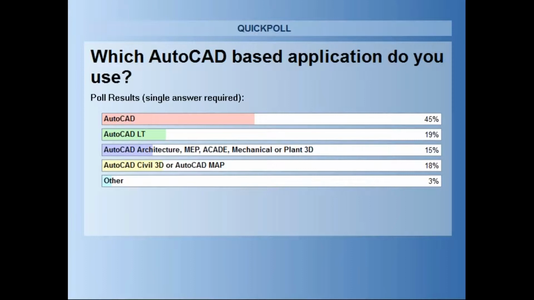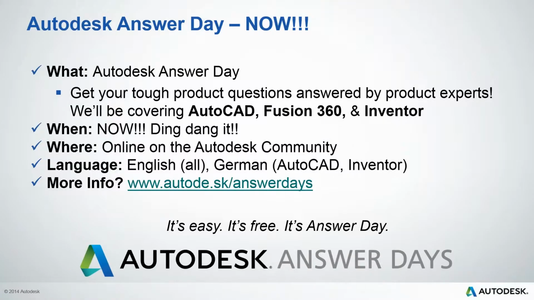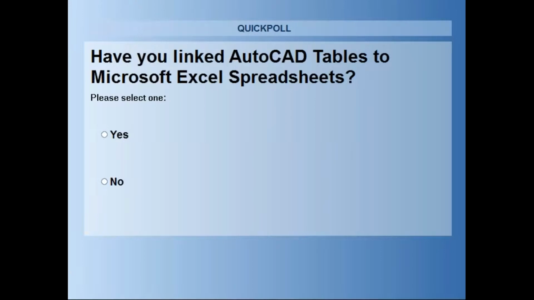And then finally, one last poll for the time being. I'm sure you're going to wonder, what the heck is that all about? I'm just curious if you've done any kind of work with linking AutoCAD tables to Excel spreadsheets or other documents.